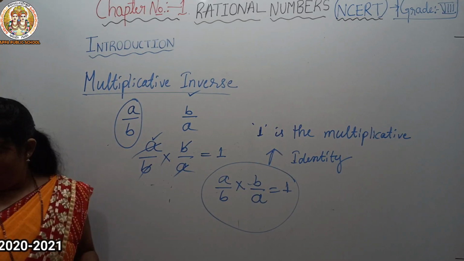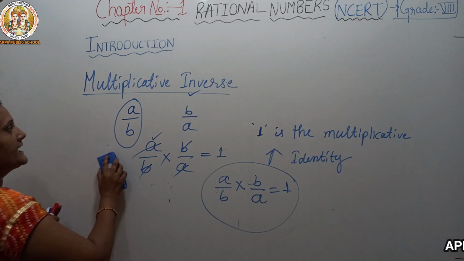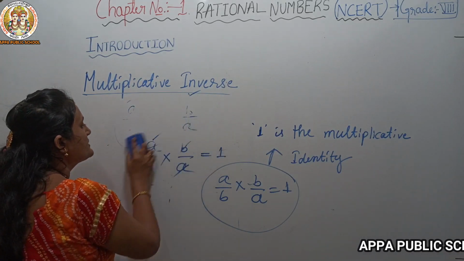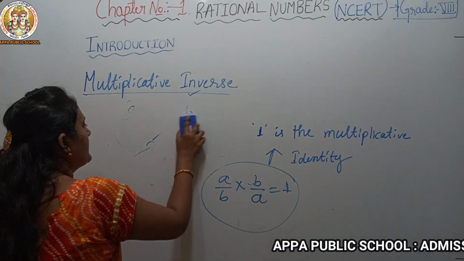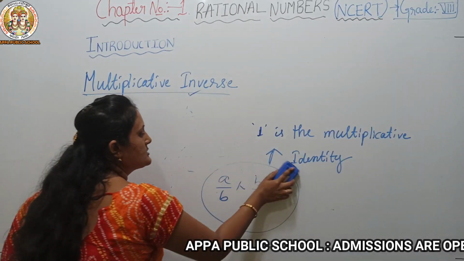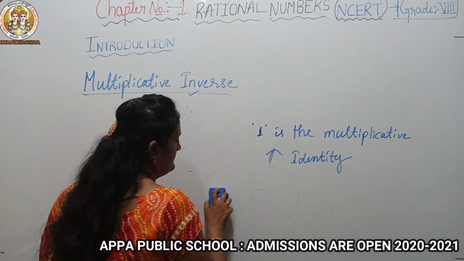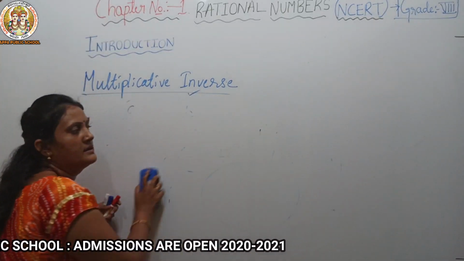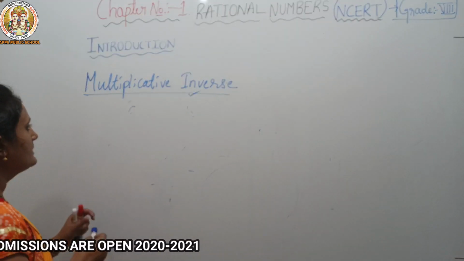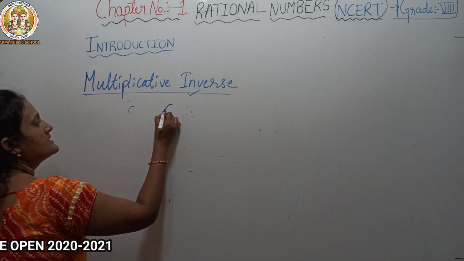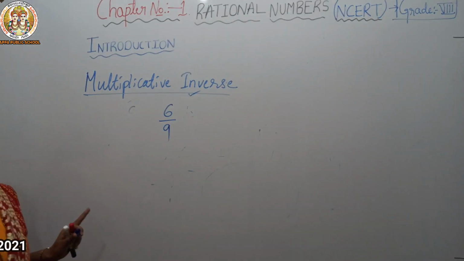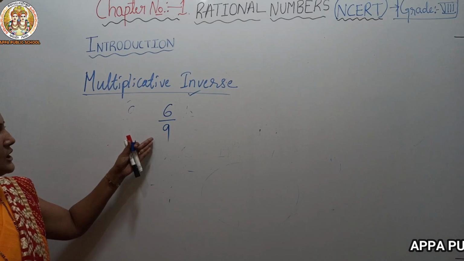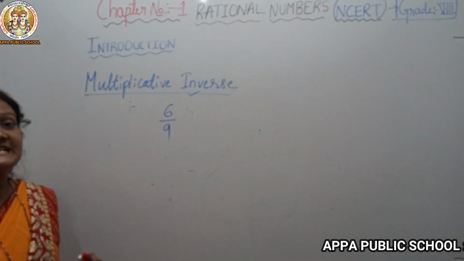And what type of questions may we get for the multiplicative inverse? See, the question may be: can you write the multiplicative inverse of 6 by 9?